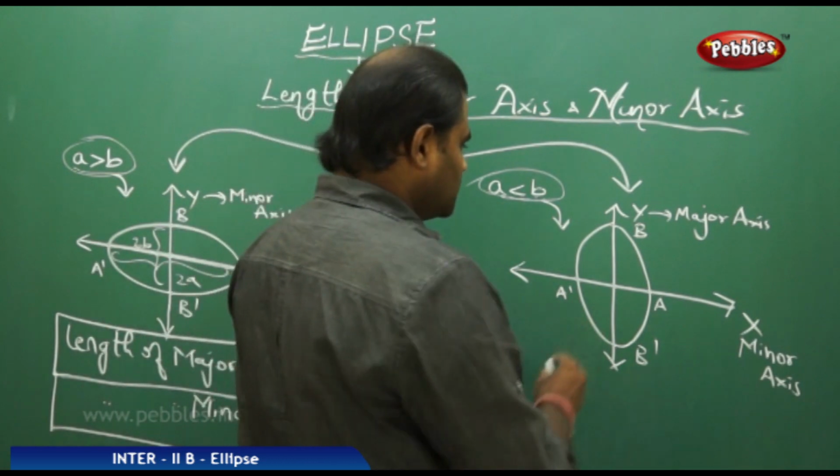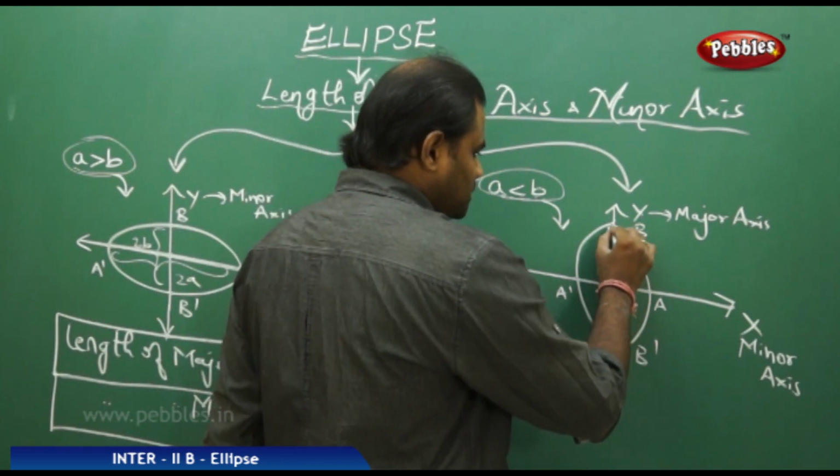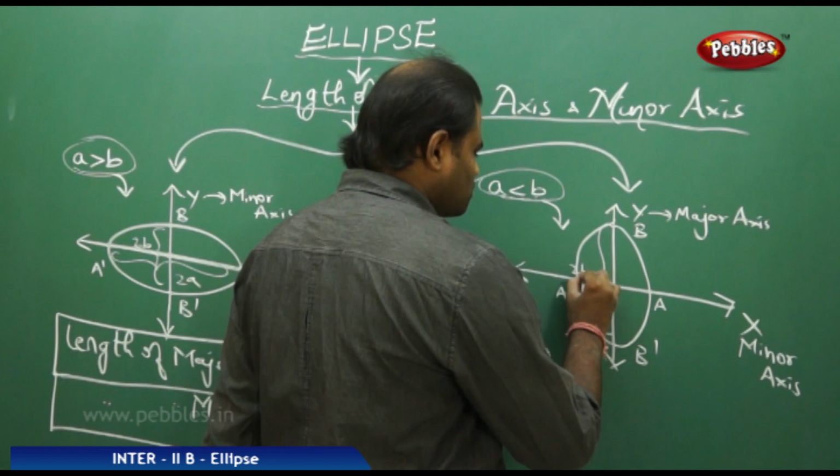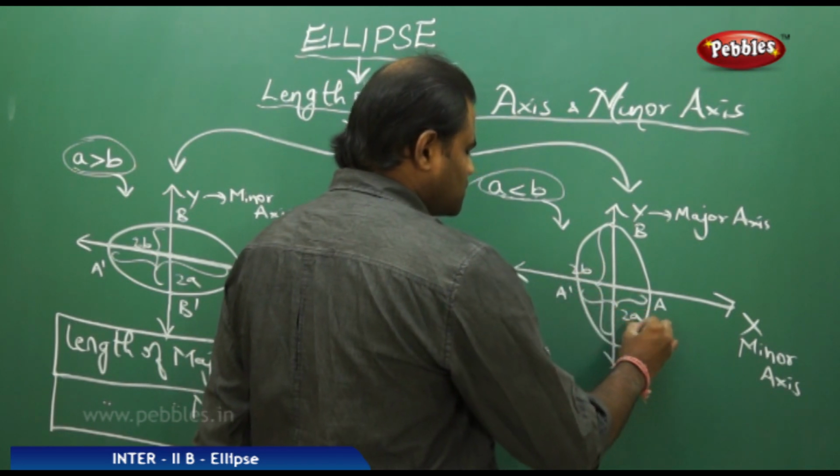But as I see here, my major axis is bb dash, so my major axis is 2b and my minor axis is 2a.